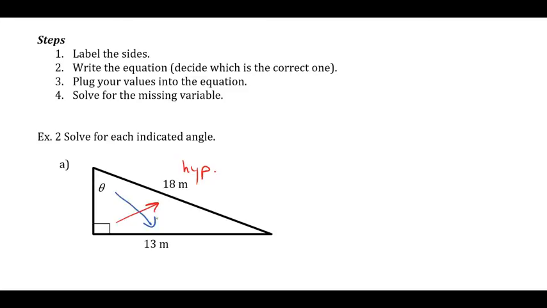Listen carefully, from the angle we're looking for, right? In this case, we're looking for theta, so I go opposite from it. And then the last one is adjacent. And then I can circle those two if I want and do it the same way. You can sit here or back there, wherever you want. So I'm going to pick my formula, pick which ratio I'm going to use. In this case, I'll use sine.